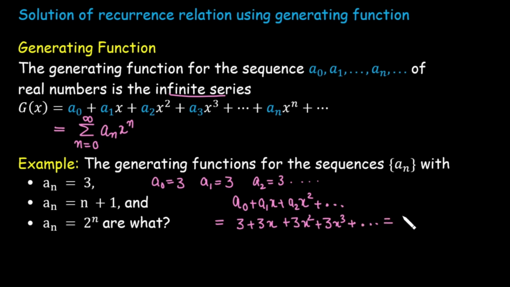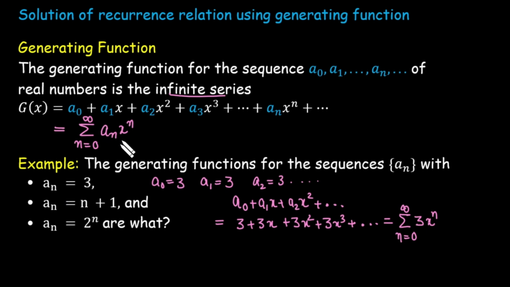In summation, we can write summation n from 0 to infinity of 3 into x raised to power n. N starts from 0 to infinity, 3 is common, and every time x is increasing, so we replace it by x raised to power n. So this is basically the generating function of this sequence. We are getting the an value directly here as 3.